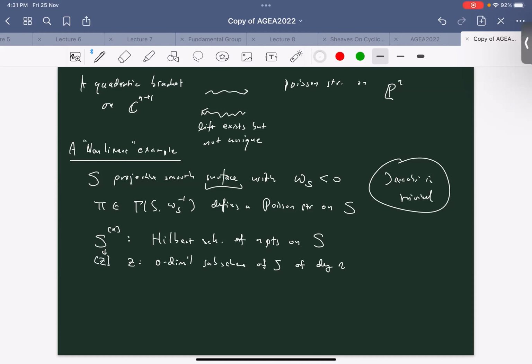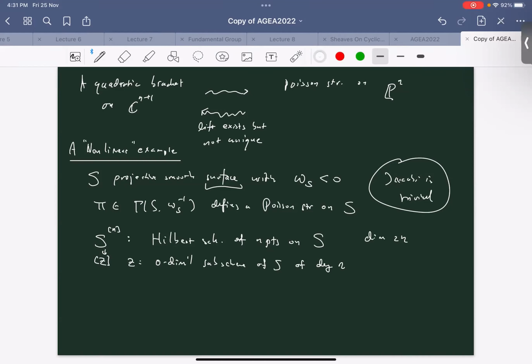I want to consider this moduli space. It is a smooth projective manifold of dimension 2n. Usually the topology of that is much more complicated than S itself, even though it is determined by S. Okay, any questions?